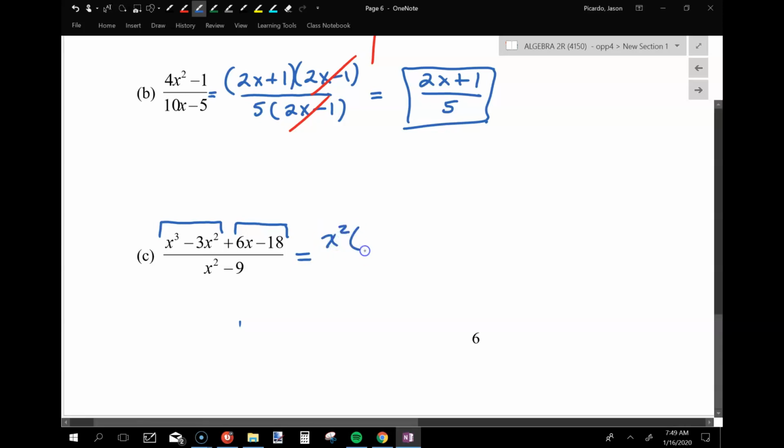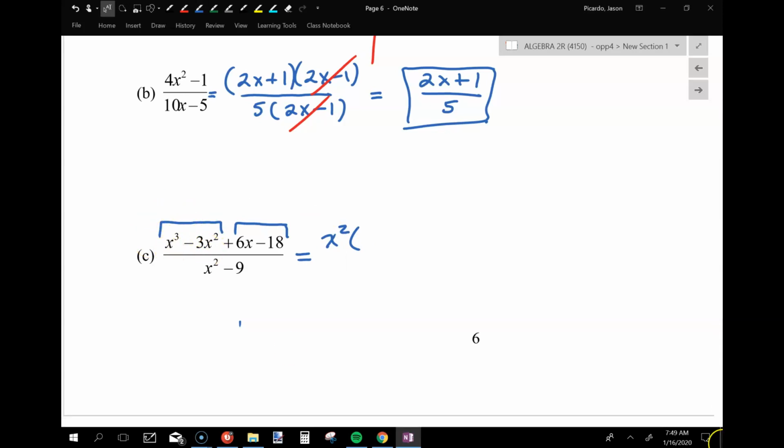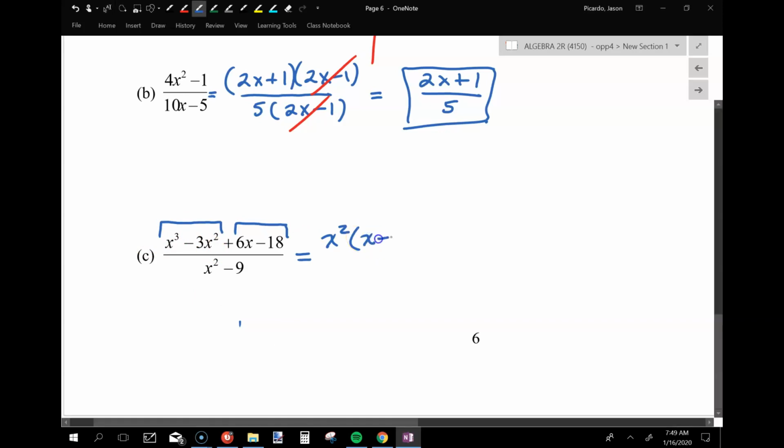And when I take out an x squared from these two terms, what's left? X minus 3. All right, we always keep the sign that's between the groups. What can I take out of 6x minus 18? A 6. And when I divide 6 out of 6x minus 18, I'm left with x minus 3.